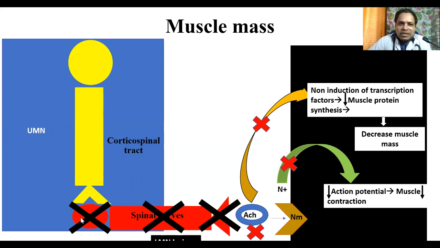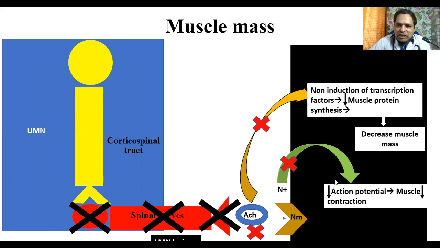In case there is a lower motor neuron lesion, there is a lesion in the spinal nerves, but the corticospinal tract is intact. What is happening here? Same thing. The NM receptor is not stimulated.